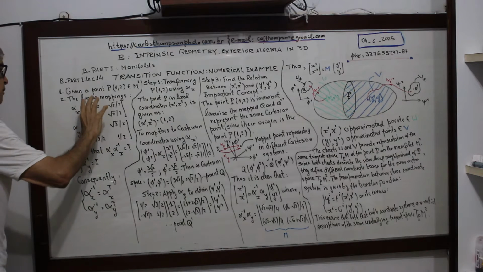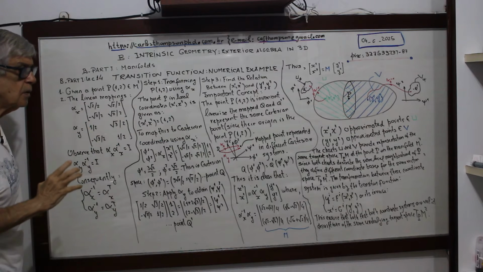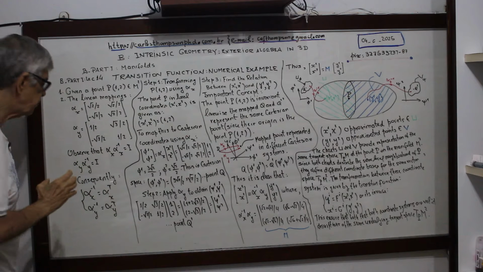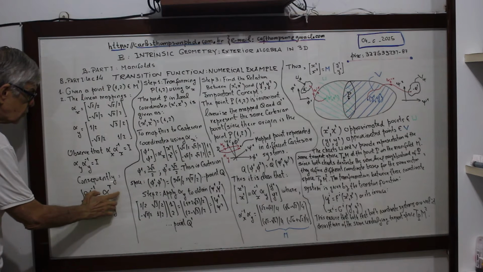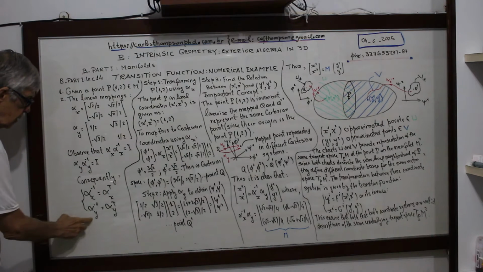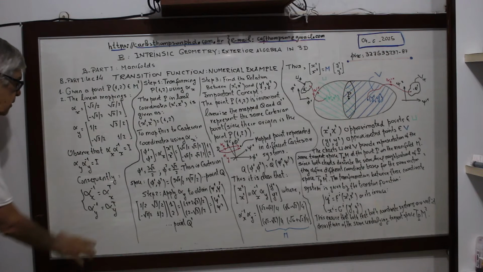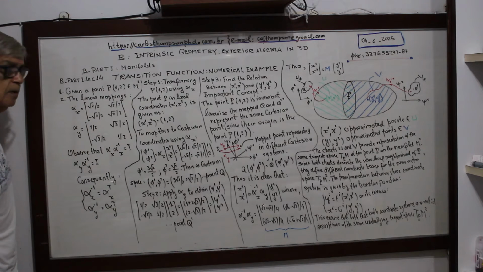Since these represent orthonormal bases, consequently, the inverse is equal to the transpose. That's a property of linear algebra.